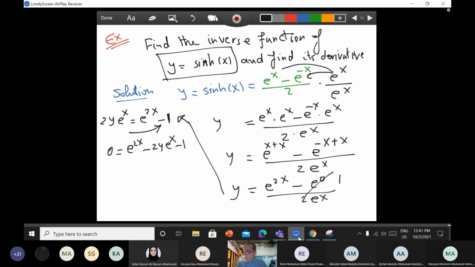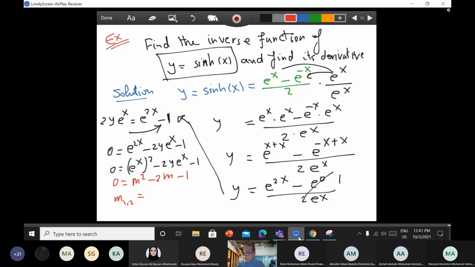This is an algebraic equation. I can write it as (e to the x) squared minus 2y e to the x minus 1 equal to 0. If I call e to the x m, for example, I have m squared minus 2m minus 1 equal to 0. So I can find m.